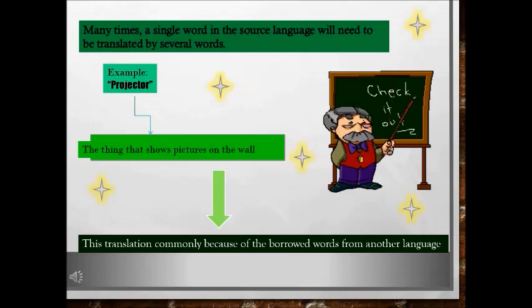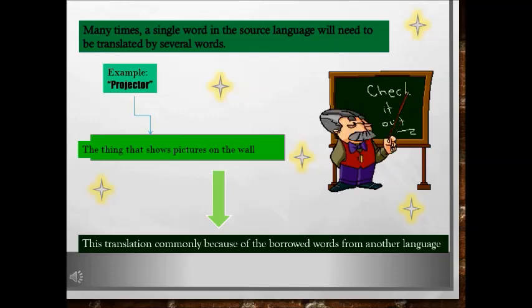Many times, a single word in the source language will need to be translated by several words. For example, the word projector. It is called the thing that shows pictures on the wall. The word projector is translated into eight words.